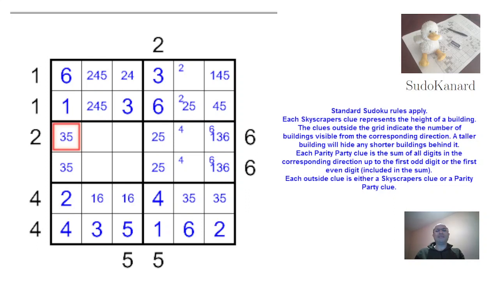So what can happen? It has to be a skyscraper's clue, and well, 5 would work. 5 always works with a clue of 2. Or does it?